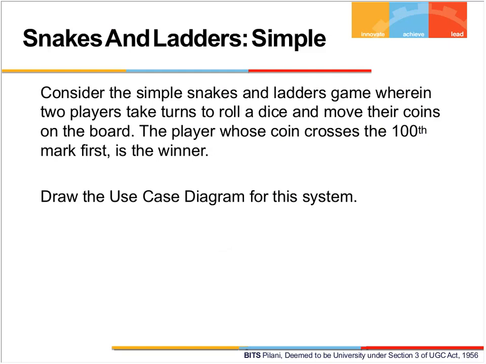So consider your simple snakes and ladders game wherein two players take turns to roll the dice and move their coins on board. The player whose coin crosses the 100th mark first is the winner. So the first thing you need to do is identify the use cases for this particular case study.